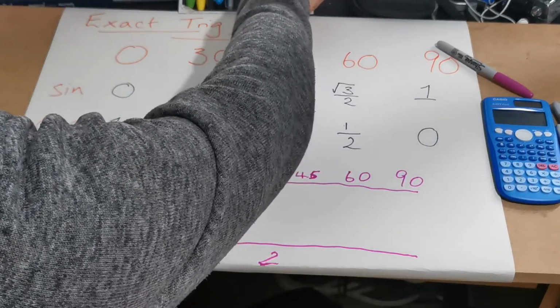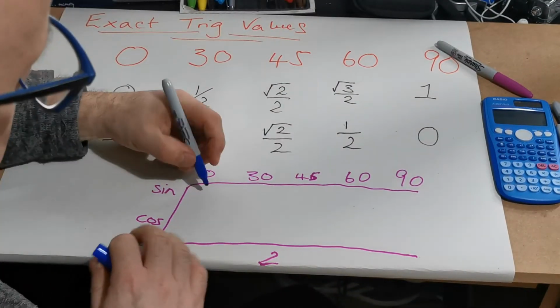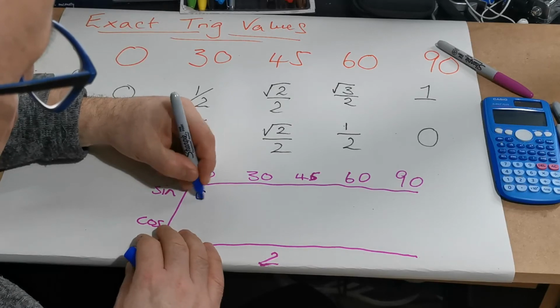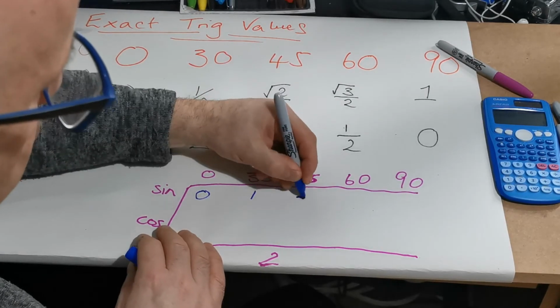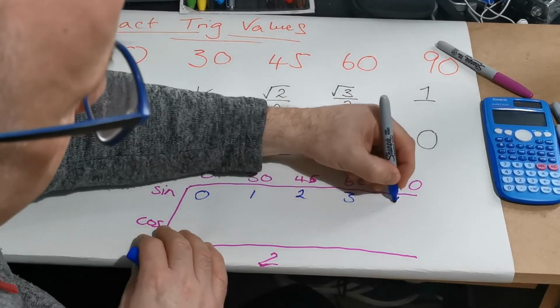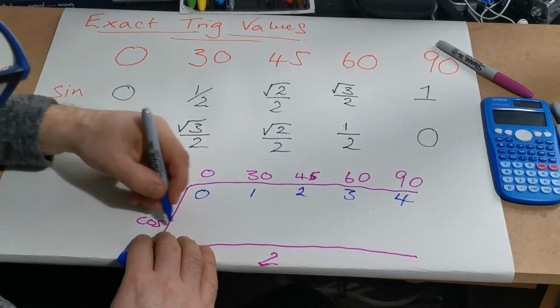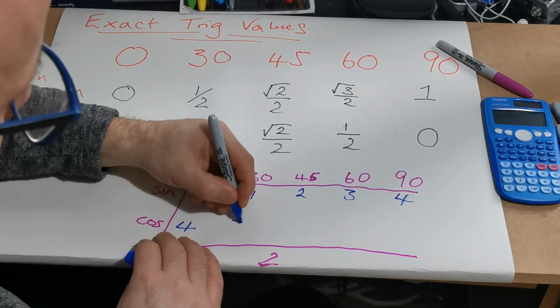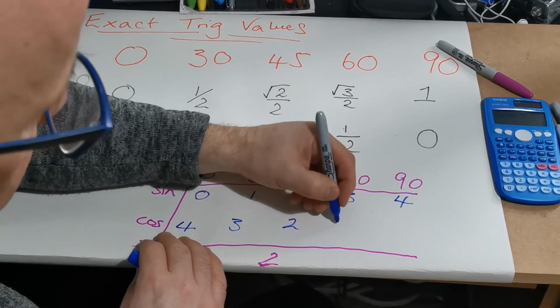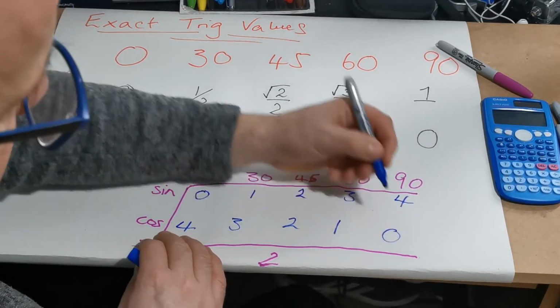And what I need to do is count forward from sine 0, 1, 2, 3, 4, and then backwards from cos 4, 3, 2, 1, 0.